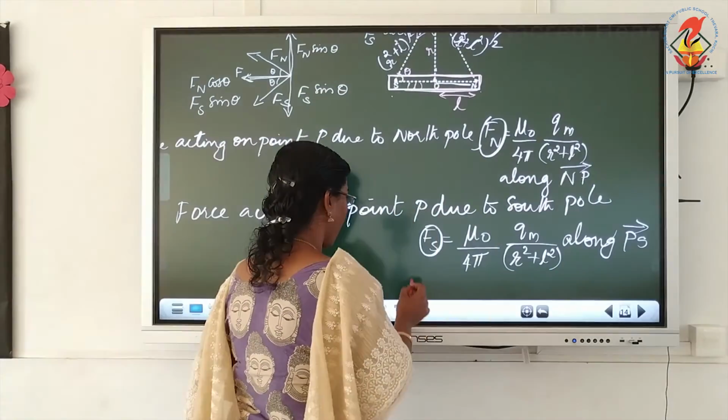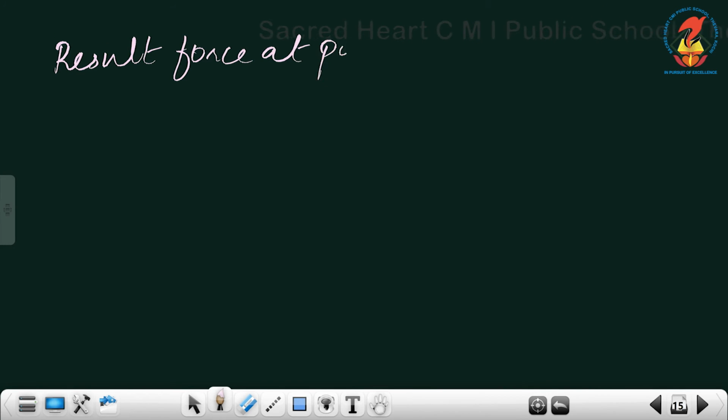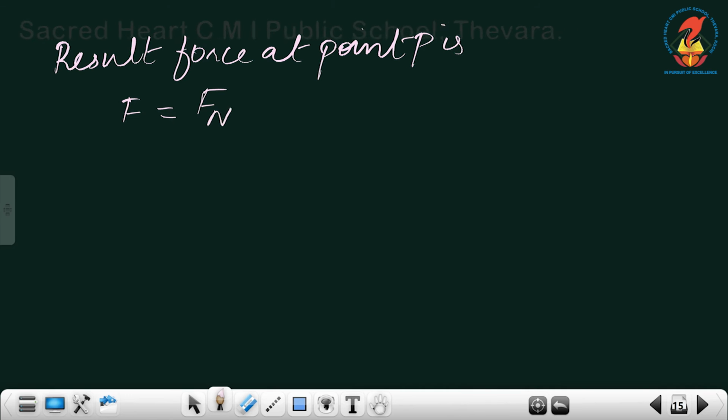So, the resultant force at point P is F is equal to Fn cos theta plus Fs cos theta.